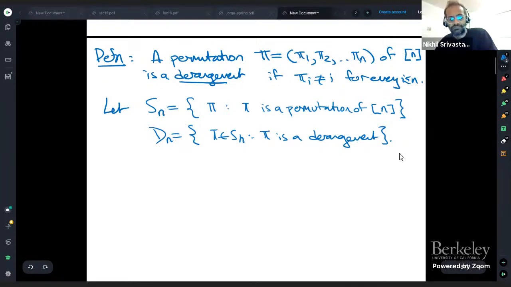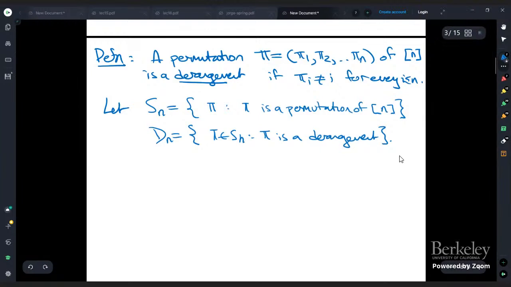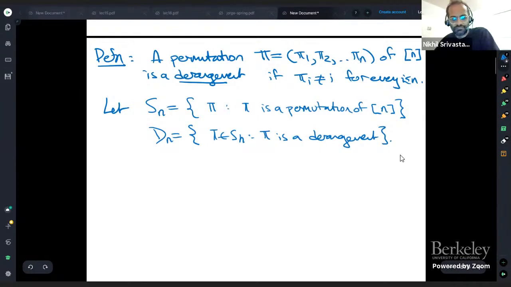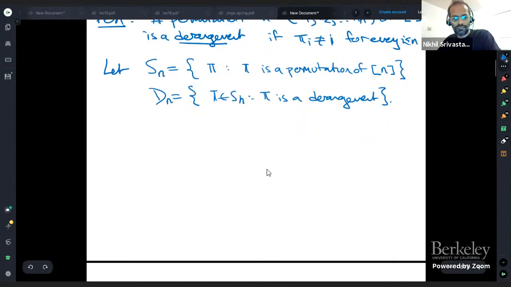So pi_i does not equal i for every i less than or equal to n. A permutation maps every number from 1 to n to some other number between 1 and n. In fact, it rearranges them. And this is saying no number is mapped to itself. Okay. So let's count these. We're going to do a trick.